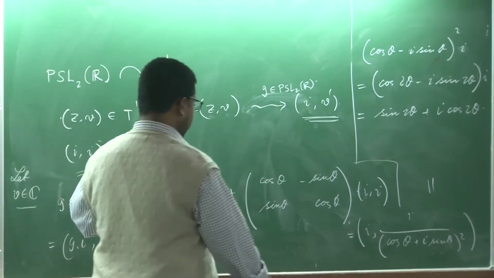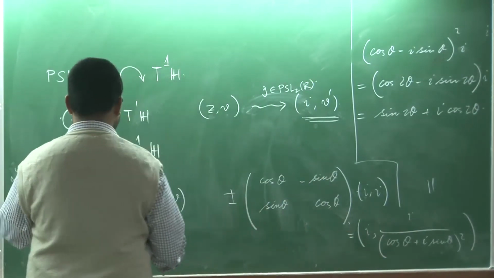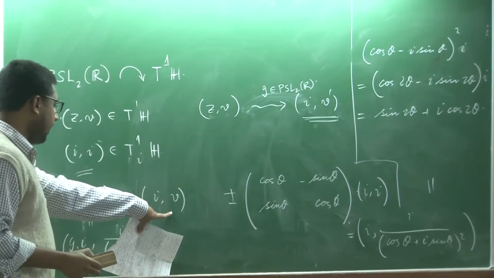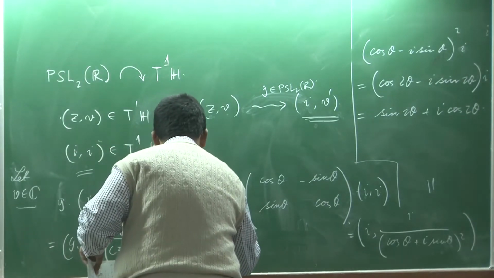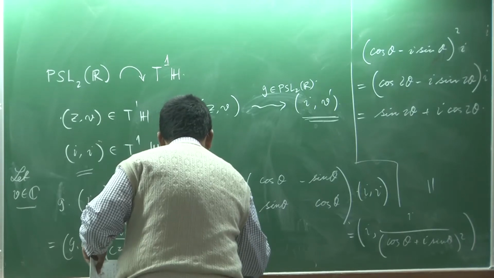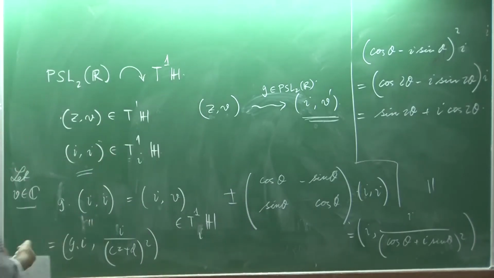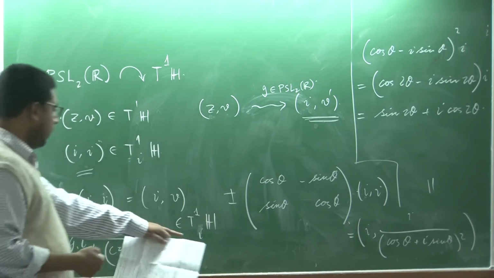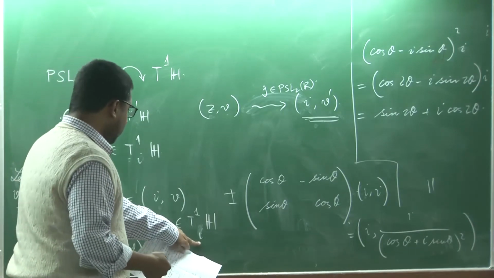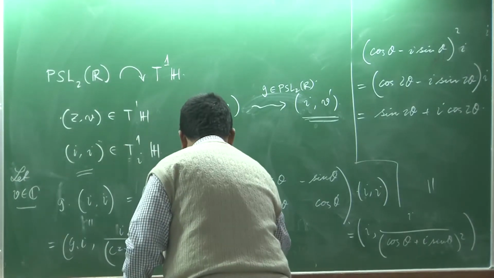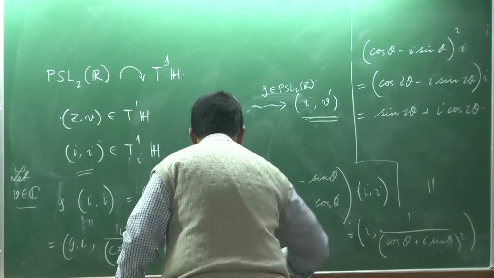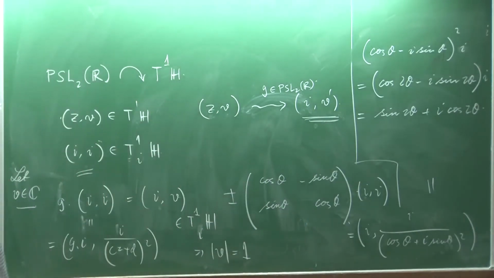Now, we see that we have to reach v. So v is a unit vector in the tangent space at i, and from the way this inner product is defined, it is clear that v is a complex number with the usual absolute value 1.